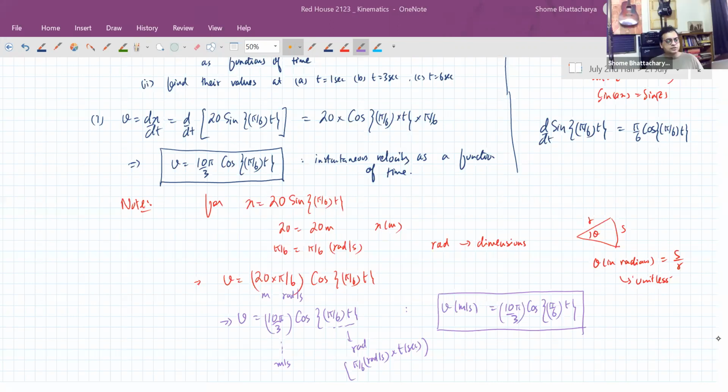So this velocity is the value that we got here in the second part. Here, the velocity is such that it is in meters per second, and the time is in seconds. Rest are all constants.